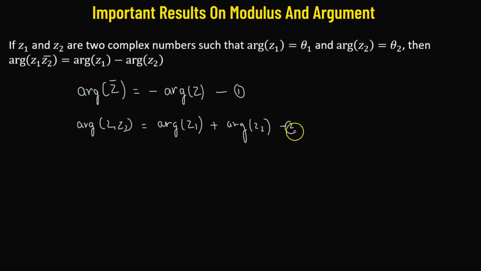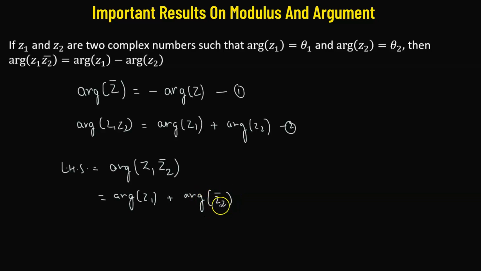So let's use this. In our case, we'll start from the left hand side. Here we have the argument of the product of the two complex numbers z1 and the complex conjugate of z2. If we use result number 2, this will be simply equal to argument of z1 plus argument of z2 bar, and this bar means it's the complex conjugate of z2.